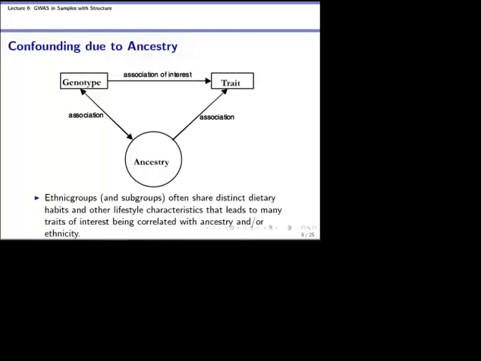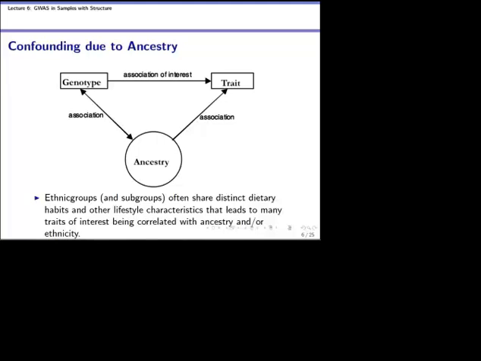Okay. So why is this a concern? Because ethnic groups and subgroups often have, or definitely share, distinct dietary habits and other lifestyle characteristics that lead many traits of interest to be correlated with ancestry. Okay? So a lot of traits of interest have a strong environmental component. Most complex traits of interest often have more environmental components influencing the trait than genetics.